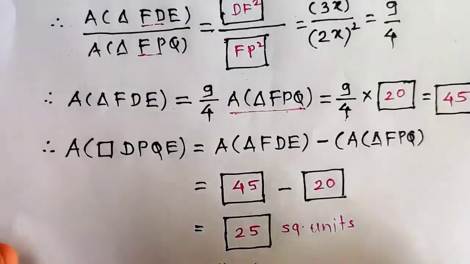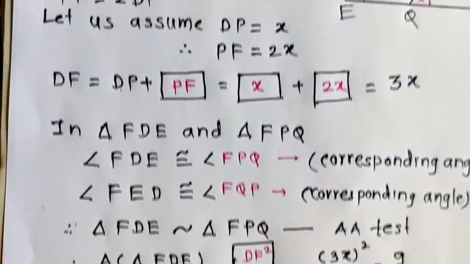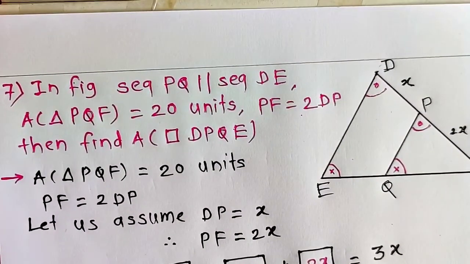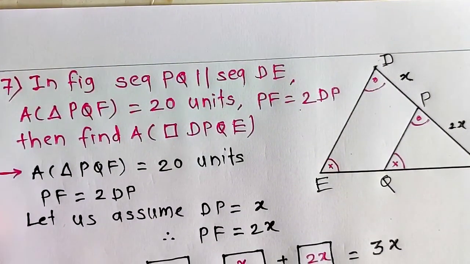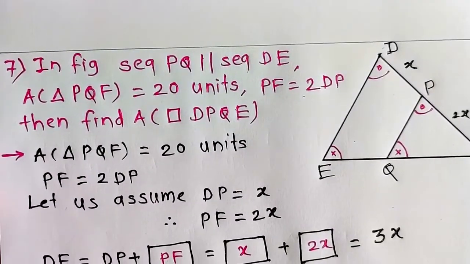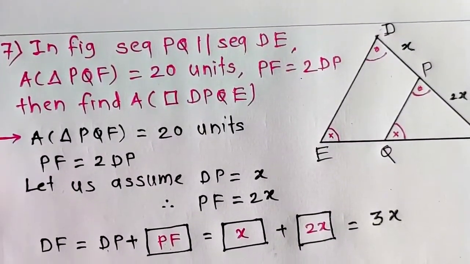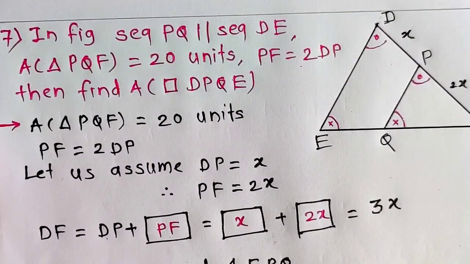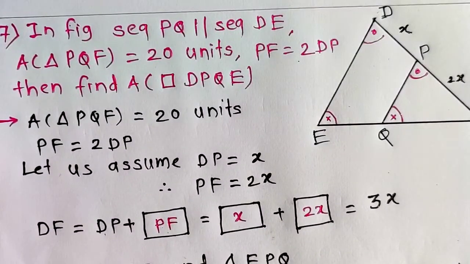And here this practice set 1.4 is completed. Let us see that activity again. I am slowly moving the screen. Here the sum is given, segment PQ parallel to segment DE, and area of triangle PQF is 20, PF is equal to 2DP, that is the relation between the two sides. Then find the area of quadrilateral DPQE.